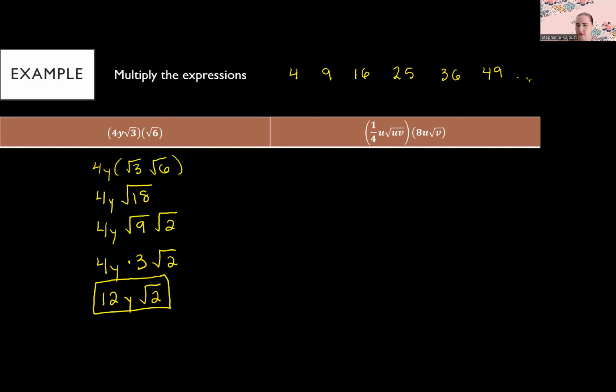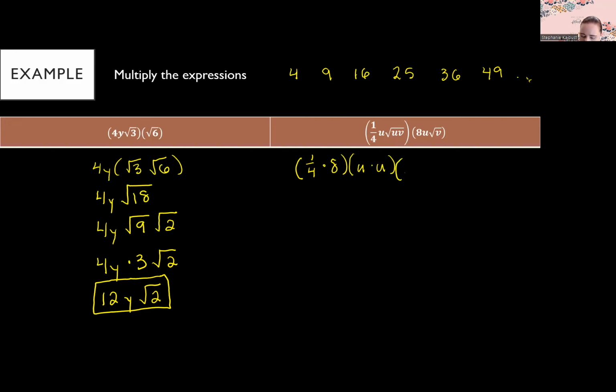Now let's look at the second example here. We've got 1/4 u times the square root of uv and then times 8u as square root of v. So we're going to rearrange it and you can put the 1/4 times 8 together. We've got our u times u together because the 1/4 u and the 8u, I can multiply those u's together.